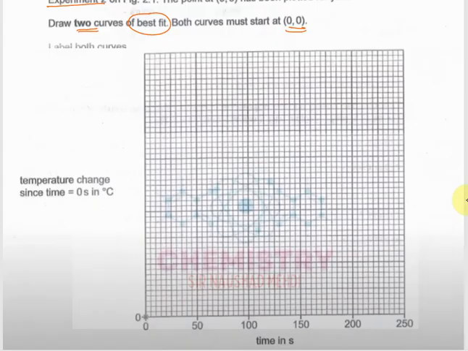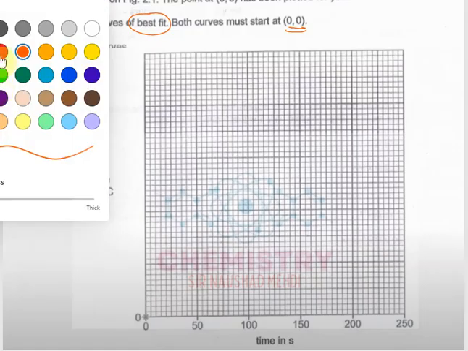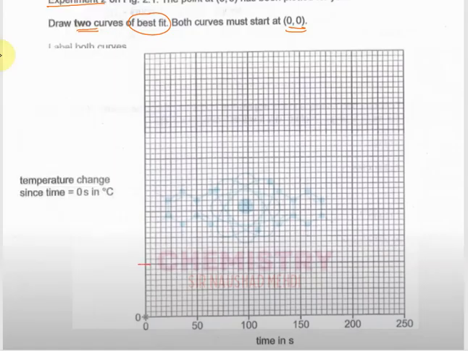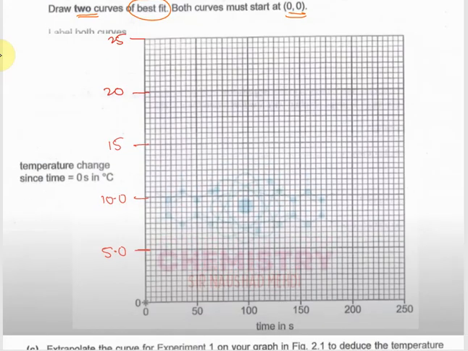Since the highest value is around 20, we can take every 10 boxes for 5. So here we can take 5 over here, 10, 15, 20, and then 25.